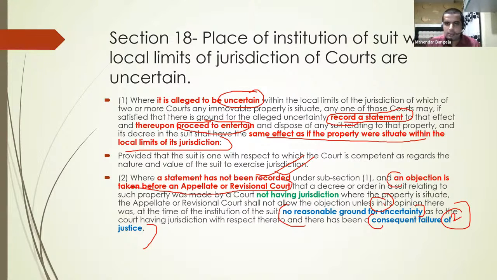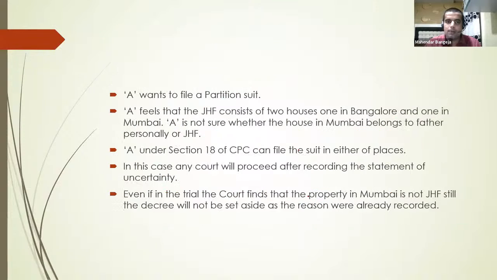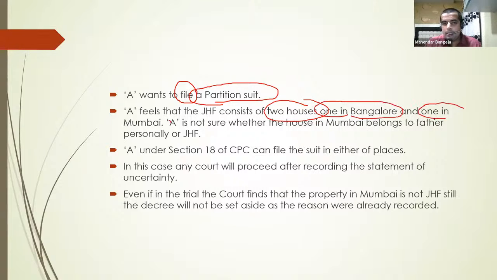So there is this interesting case in which this section will be applicable. For example, A wants to file a partition suit. Now, mind you, partition suit वहीं file होता है जहां पर property situated है, not in any other place. अब A को लगता है कि joint Hindu family में दो घर हैं. एक है उसका बैंगलोर में और एक मुंबई में. पर मुंबई वाले घर के लिए वो श्योर नहीं है. उसे लगता है कि वो मुंबई वाला घर उसके पापा का पर्सनल घर है and joint Hindu family का घर नहीं है.